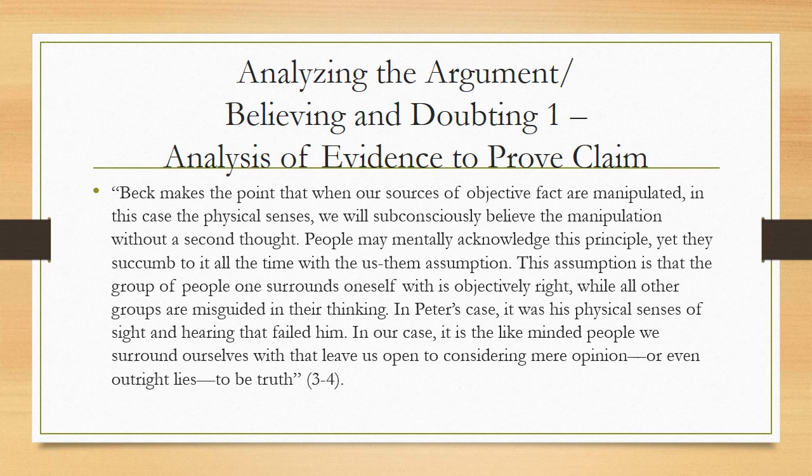This assumption is that the group of people one surrounds oneself with is objectively right, while all other groups are misguided in their thinking. In Peter's case, it was his physical senses of sight and hearing that failed him. In our case, it is the like-minded people we surround ourselves with that leave us open to considering mere opinion or even outright lies to be truth.